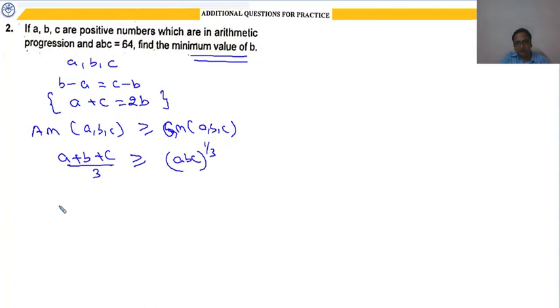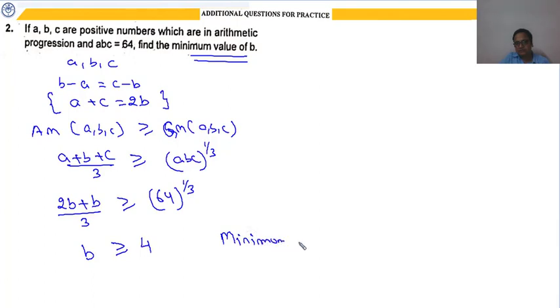So just put the value of A plus C, that is (2B plus B) upon 3 is greater than or equal to 64 to the whole power 1 by 3. So it's 3B upon 3, that is B is greater than or equal to the cube root of 64, which is 4 cubed, we get 4. So what is the minimum value of B? We get 4 as the minimum value.